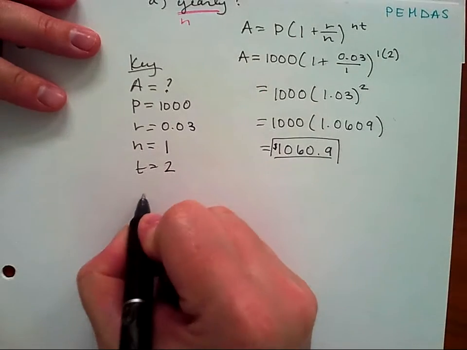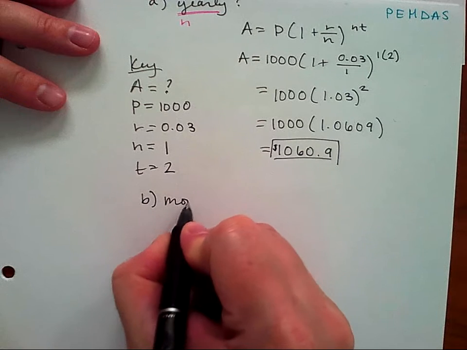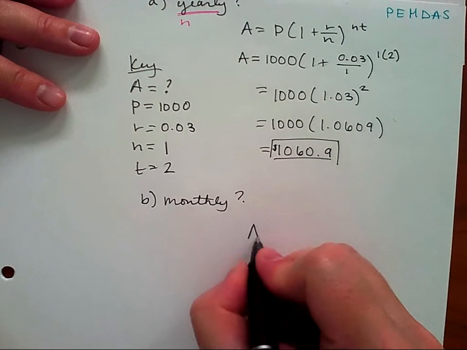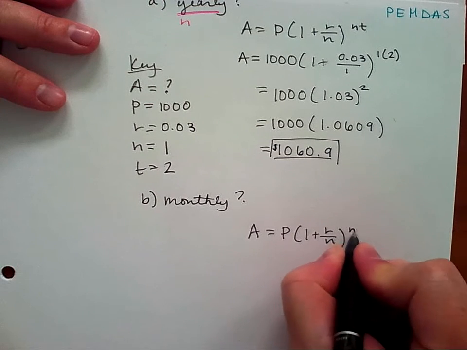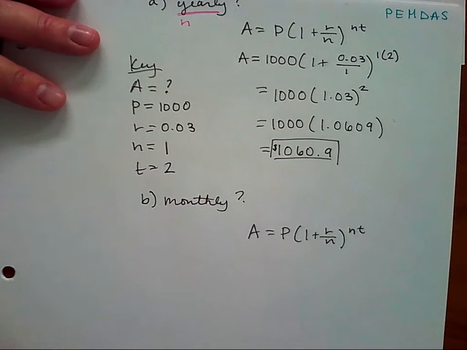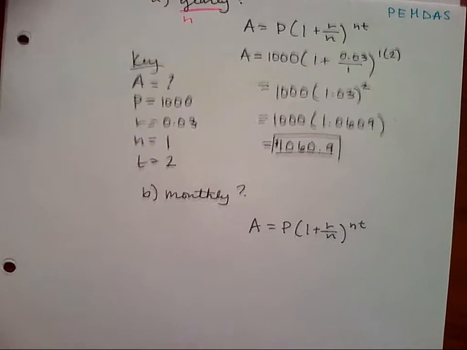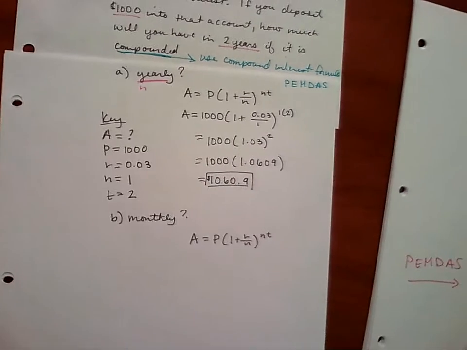Okay, now let's do B, compounded monthly. Same exact question as above. What changes from the question above to this question?